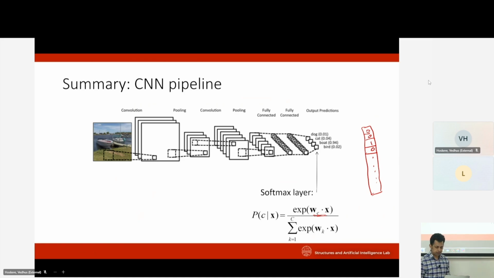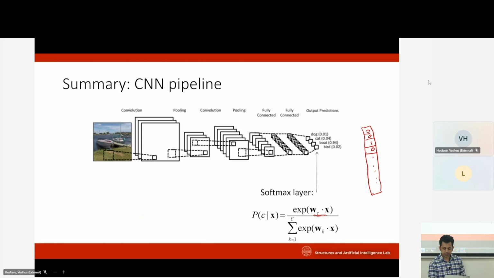So I have my wc.x, which gives me the value for my particular class c. And I can also find the wk.x, which is the value for all the other classes where k ranges from 1 to c.